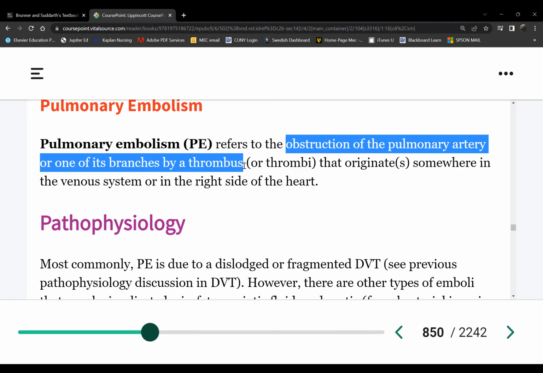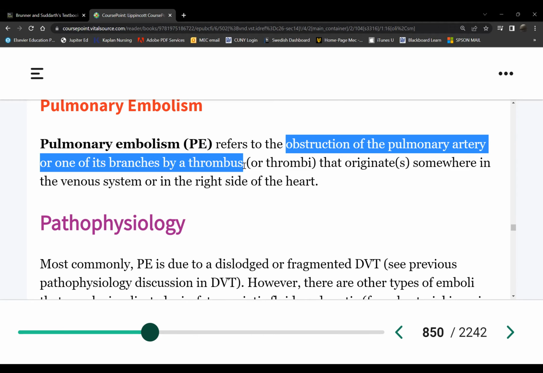To answer the question, do you remember, let's go back to Dr. Farrington. What trivia question did he ask you? Which artery is the only artery that carries deoxygenated blood? Which vein is the only vein that carries oxygenated blood? Pulmonary vein.